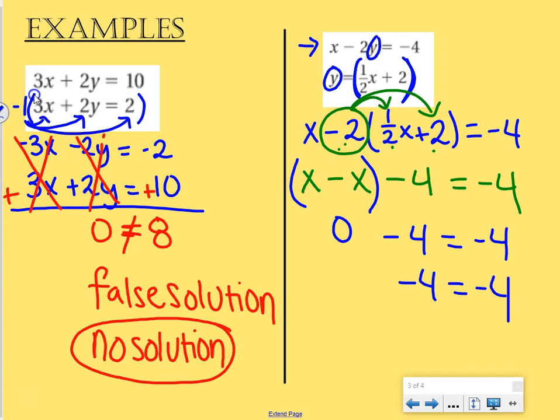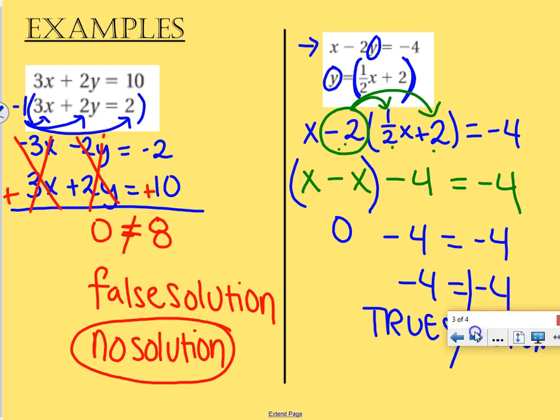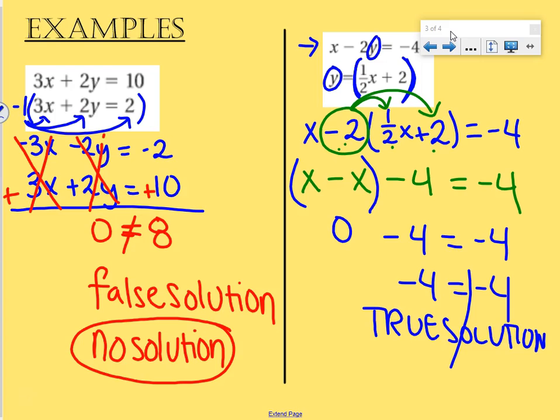Now, if we ask ourselves, does -4 equal -4, we can say yes, that is a true solution. So when it is a true solution, that is the opposite of a false solution, which means we have infinite solutions.